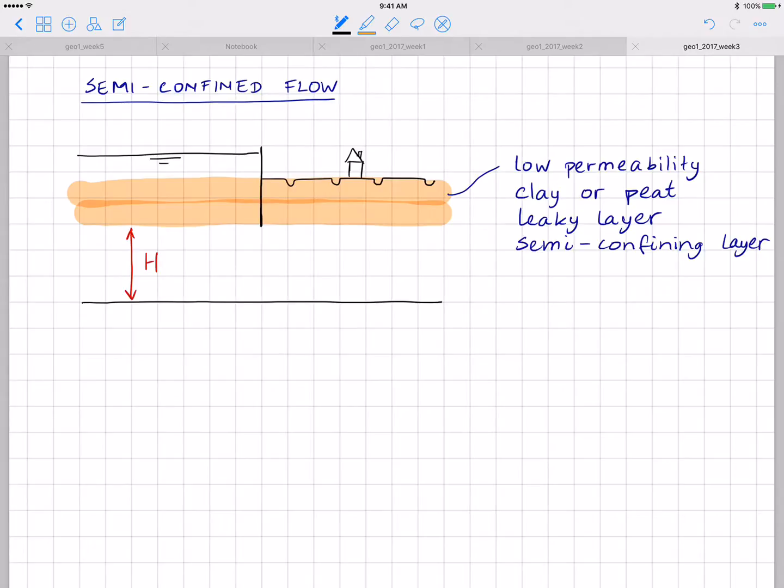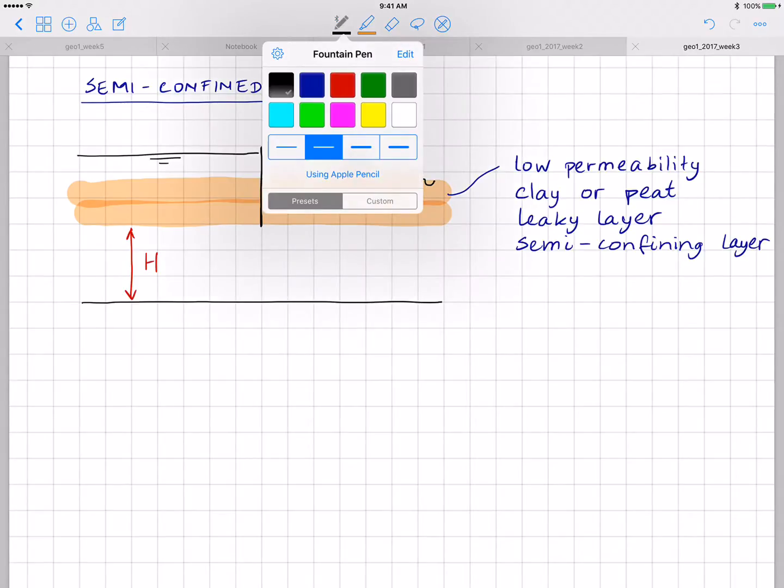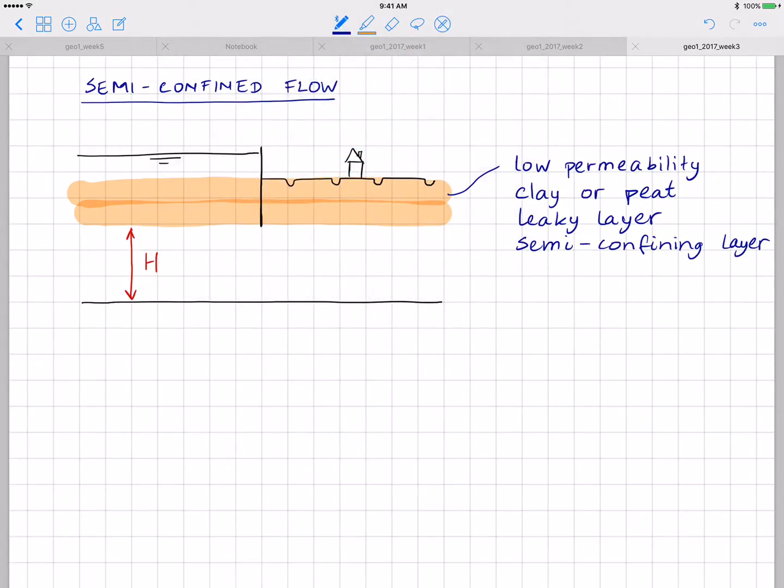So what will happen is that the water level on the left side is larger, so water will leak from the lake into the aquifer through the leaky layer, then flow through the aquifer and get back out in the polder. Leak through the leaky layer again, and it will flow into the polder. And of course, if the same happens a little farther upstream of the dam, it will go through here and go to the other side.